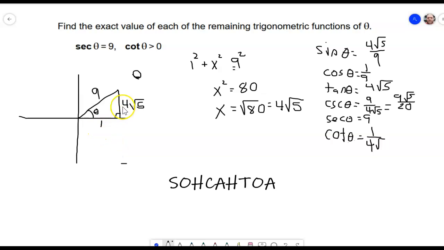These would be adjacent over opposite. And once again, we could multiply both the top and the bottom by the square root of 5, which would give us the square root of 5 over 20. And there would be your 6 answers.